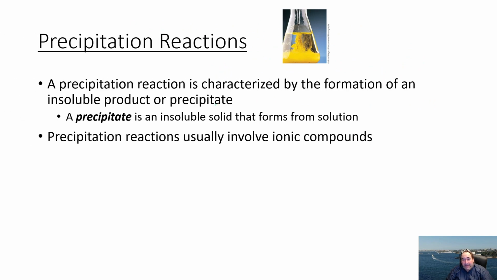A precipitate is an insoluble solid that forms as a result of 2 solutions being mixed together. As I mentioned earlier, it doesn't necessarily have to be a rock hard solid. Cloudiness, or this yellow solid that really wasn't there before, is an indication of a precipitate. That is a direct result of those ions switching partners and making new partners on the product side, where one of them will make a solid.